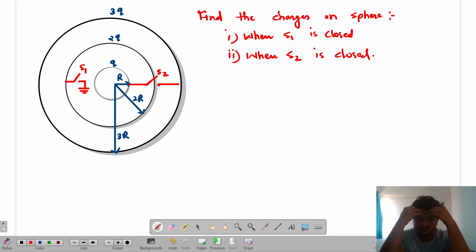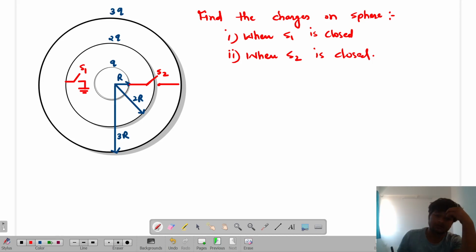When S1 is closed, then I have to consider another charge on the second sphere.